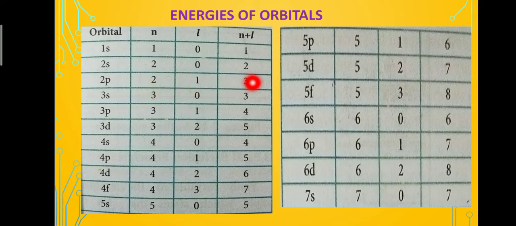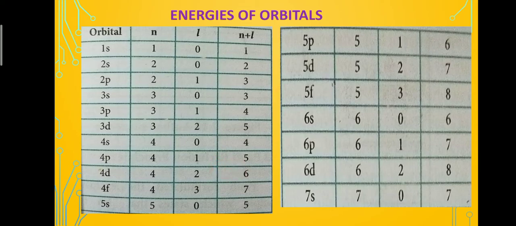But if we calculate according to the rule n plus l, the value for 2s comes to be 2, and for 2p it comes to be 3. So between 2s and 2p, 2s has the lowest energy and 2p has the highest energy. By using this rule n plus l, we can arrange the atomic orbitals based on their energy levels.